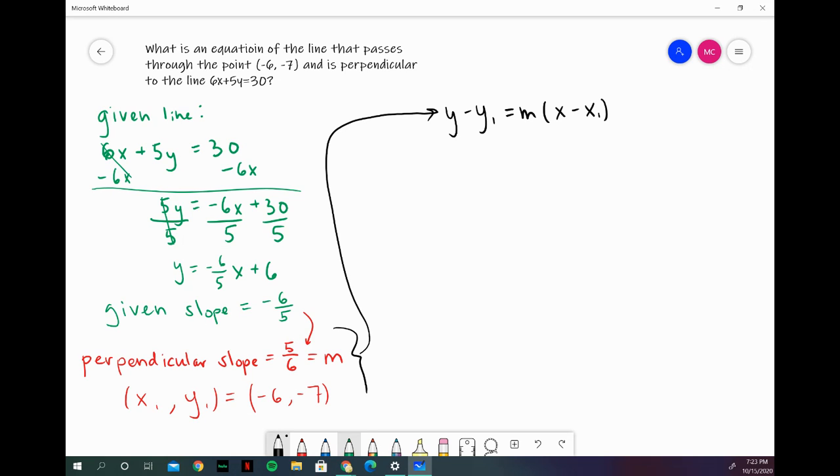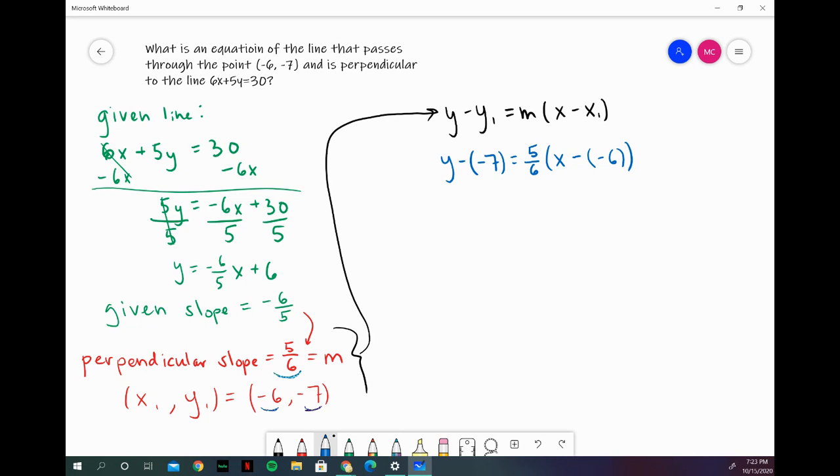So if I plug in my values of 5/6 and -6 and -7, this would become y minus y1, which is -7, is equal to m, which is now 5/6, times x minus x1, which is -6.